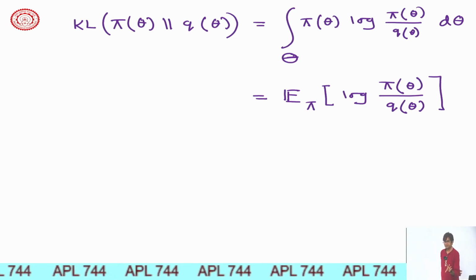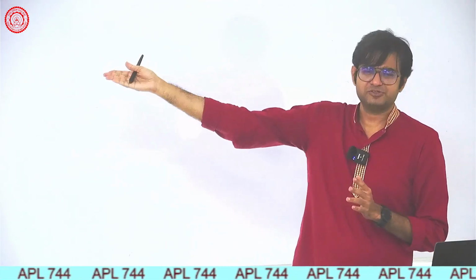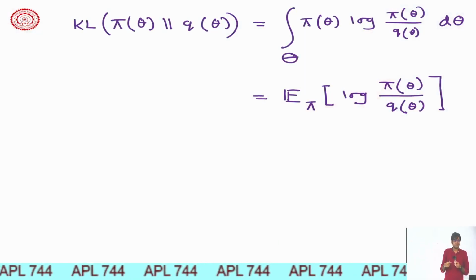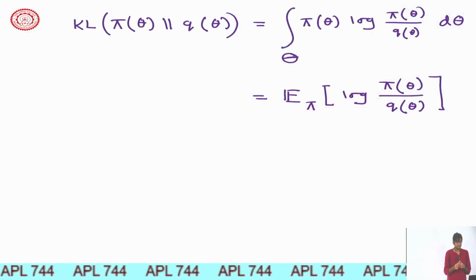Actually, you can, but that we will not discuss today. There is one algorithm known as expectation propagation, which is an approximate inference, and that uses this, but obviously under some assumptions and approximations. So for now we will say that this is difficult to use because the expectation is with respect to pi.